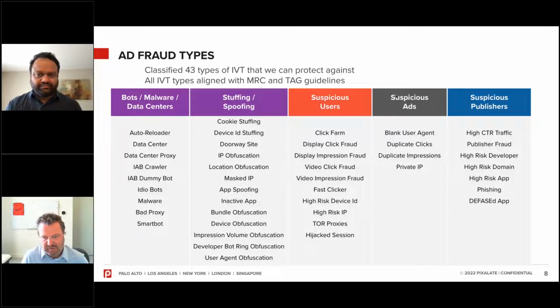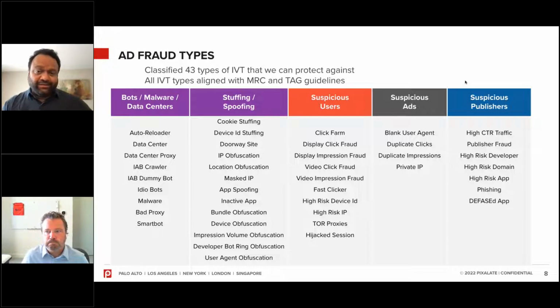You can see 40 plus here of ways that people can infiltrate and hijack the session to apps or whatever is happening. So just describing the breadth of the situation, and knowing that a big portion of the money being spent in digital advertising is being siphoned off by these schemes and scams is why we're here and why we're talking about this.